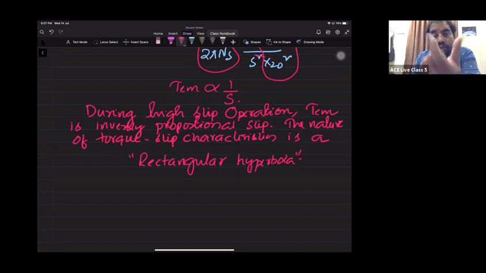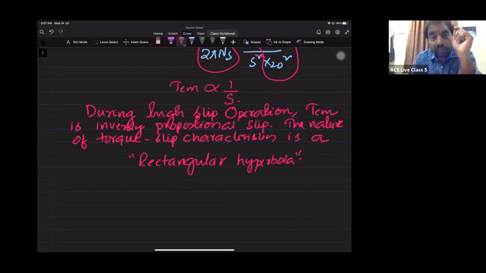When the inductive nature is increasing, obviously the power factor of the rotor circuit starts decreasing. Now the machine will draw more reactive power than active power. When the machine is receiving more reactive power and less active power, the torque depends upon the active power, and hence the torque will start decreasing.